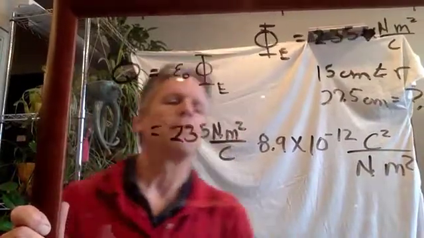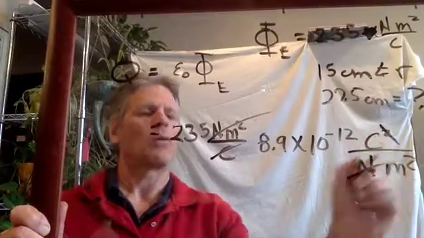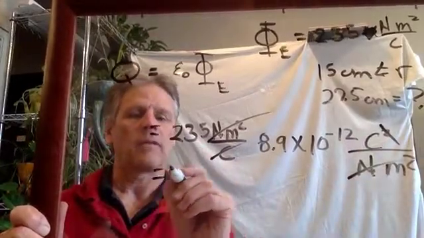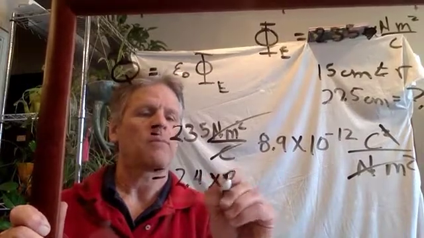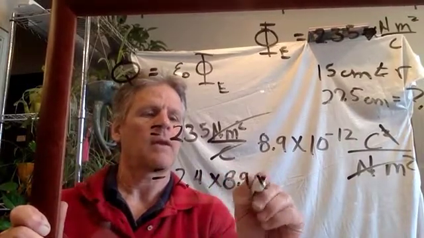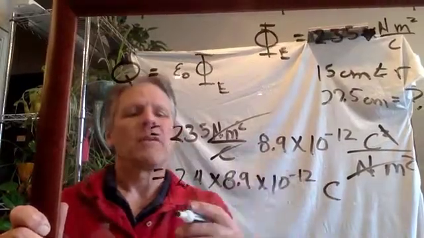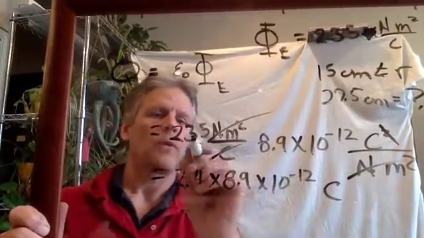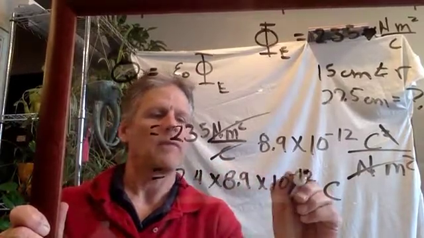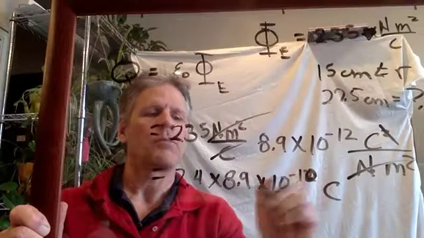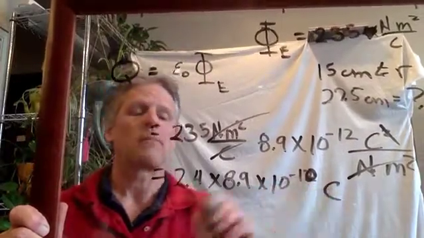Yes. Okay, so Newton meter squared cancels, and Coulomb squared over Coulomb leaves Coulomb. So all we have is 2.4 times 10 to the second, times 8.9 times 10 to the minus 12 coulomb. Let me include that power, so it's now 10 to the minus 10 instead of 10 to the minus 12.